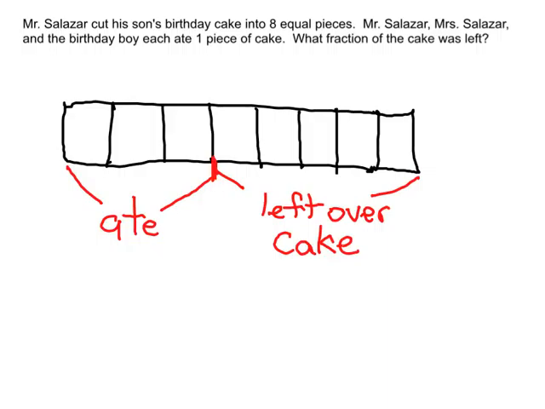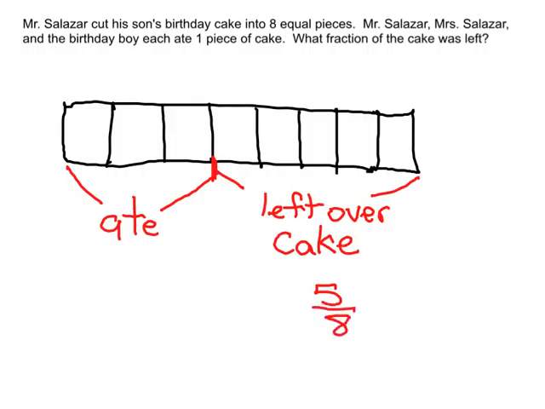And our question is, how much of the cake was left? Well, we can count that out, knowing that was 1, 2, 3, 4, 5 of the 8 pieces. So we would write that in the fraction form of 5/8.